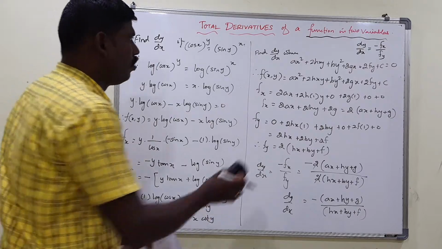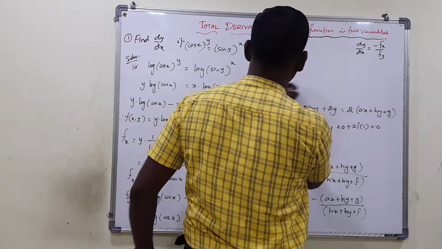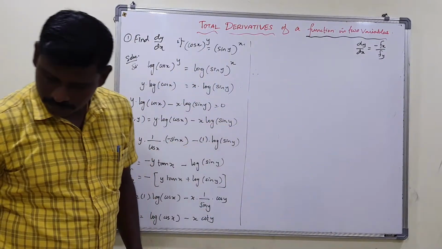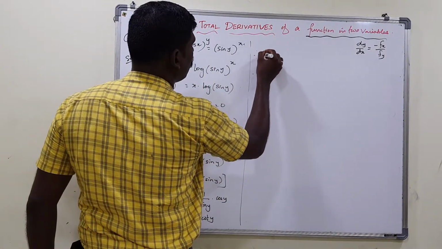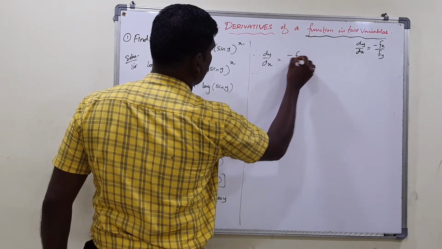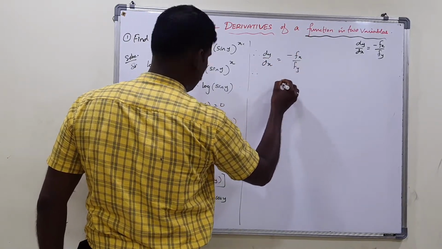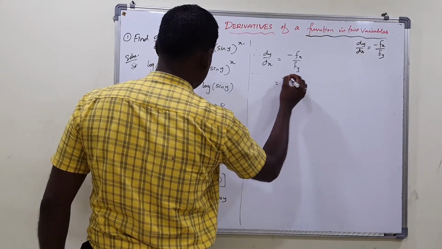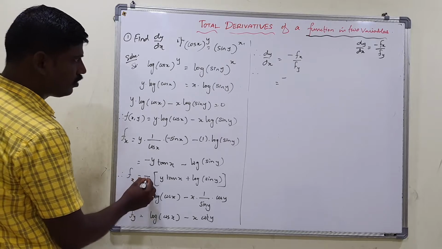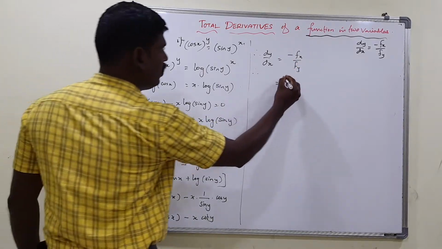Right? So what is dy by dx? Minus fx by fy, isn't it? Therefore dy by dx is equal to minus fx by fy, that is equal to minus of fx. What is fx? It is here, minus of. So minus minus becomes plus, isn't it?